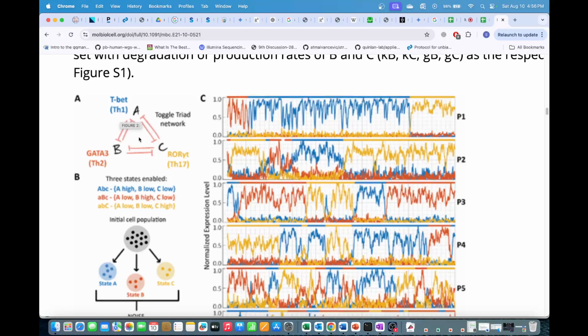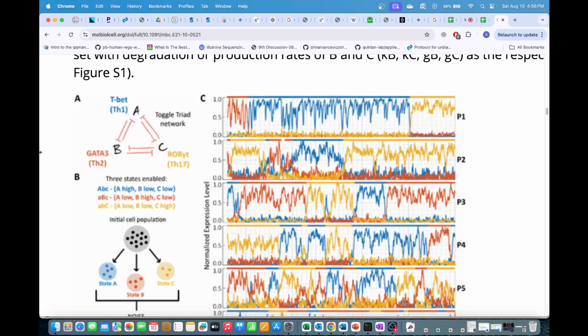Now how do we know this? We know this from RNA-seq data, or basically gene expression data of these three transcription factors, Tbet, GATA3 and ROR gamma T. So these three transcription factors are known as master regulators. So if the T cell is getting formed into Th1, that is because of the expression of this particular transcription factor.